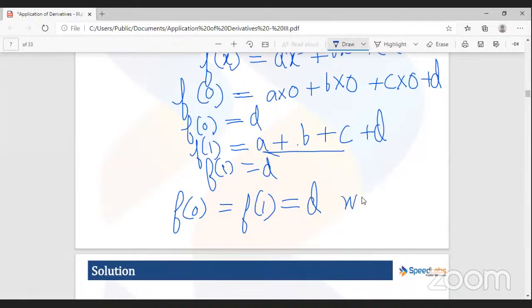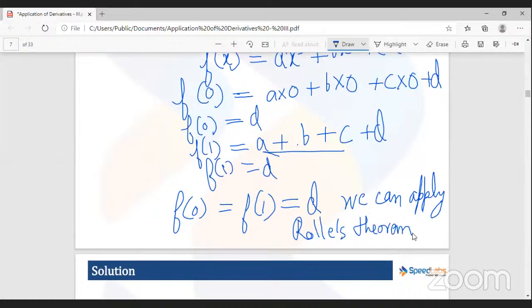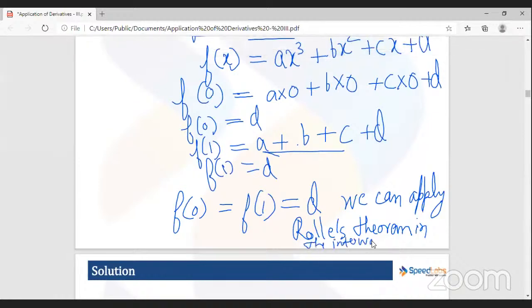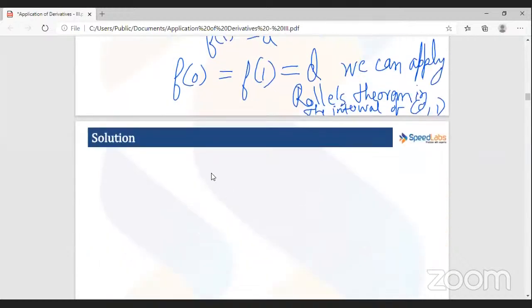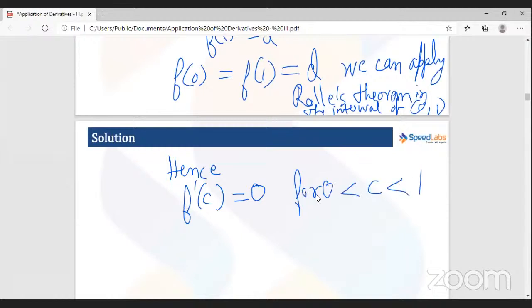So we can apply Rolle's theorem here in the interval of 0 to 1. And as Rolle's theorem is applicable here, so hence f dash c equal to 0 for at least one c between 0 and 1.